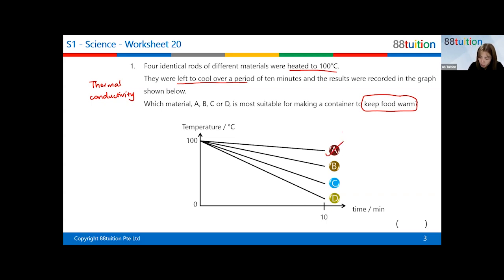Why? Because look at the temperature decrease. Now, the temperature decrease, what is it trying to tell us? Okay, the temperature is decreasing so slowly. That means what? Loses heat slowly, right? So what kind of materials lose heat slowly?